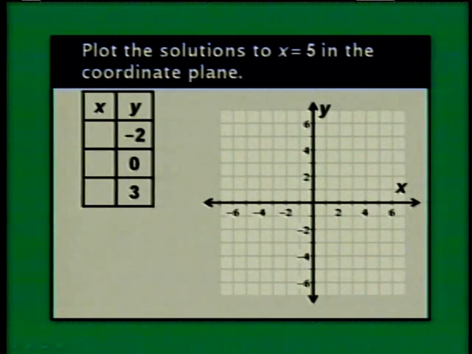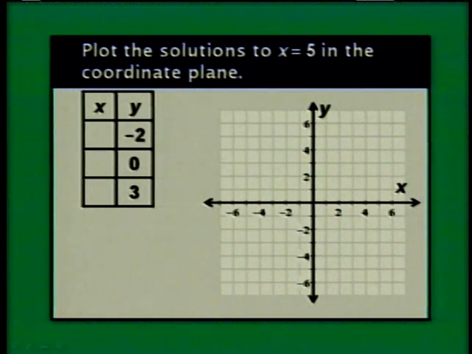So I need to think about solutions in an equation with two variables, even though I don't see a variable y in this equation, that satisfy the equation x equals 5. So in my table, I have a few values of y, -2, 0, and 3. I want to think about the corresponding x values that are going to satisfy this equation. Well, if y is -2, what does x have to be in order to satisfy the equation x equals 5?